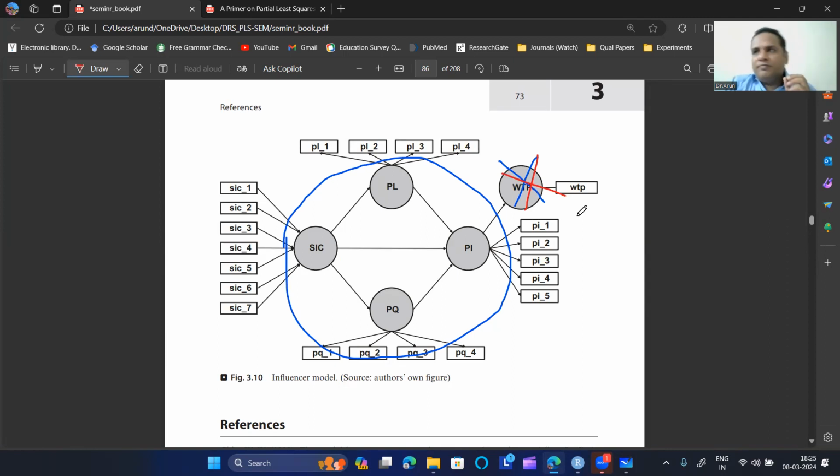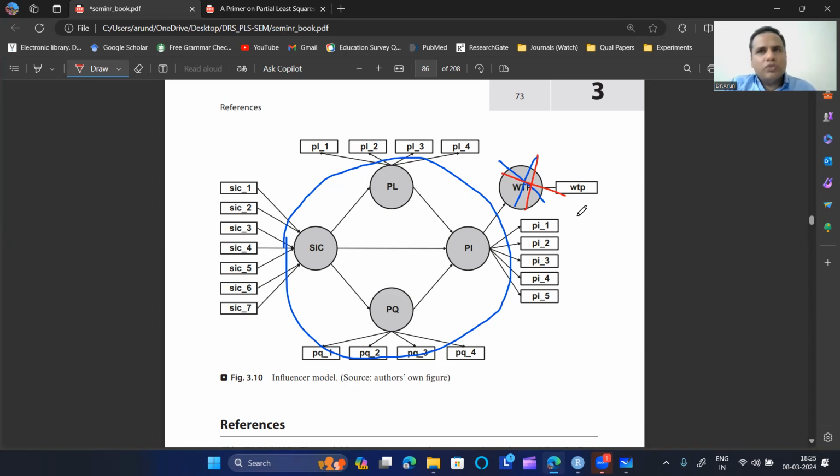By the way, there is a term known as model parsimony. When I say model parsimony, it means don't complicate your models; choose your constructs wisely. Don't include as many constructs as you like, and make your model parsimonious.